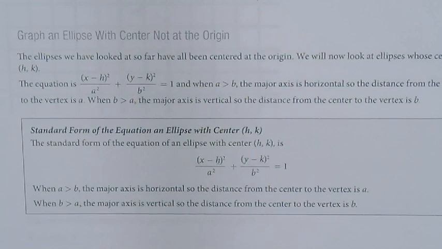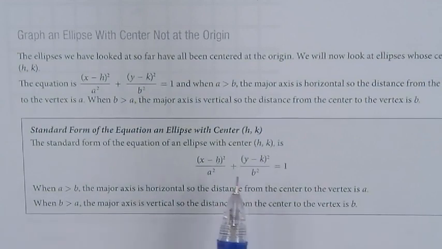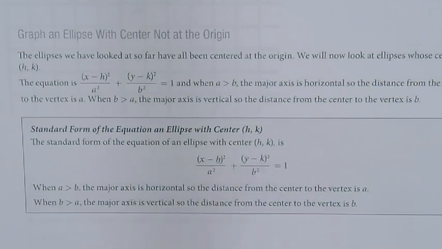So the formula has this subtraction in the middle, kind of like we were doing with the vertex to the parabola. But now both of these, when we pull them out, will have to change their value to kind of the opposite of what we see there. But otherwise, graphing this is pretty much the same.